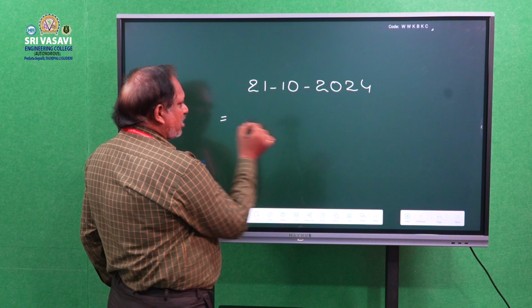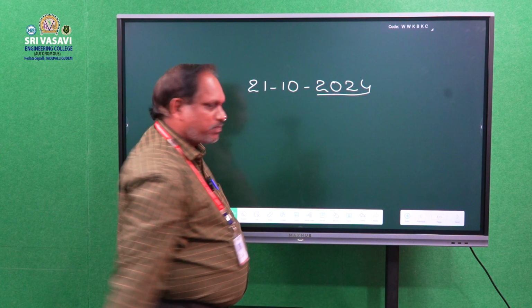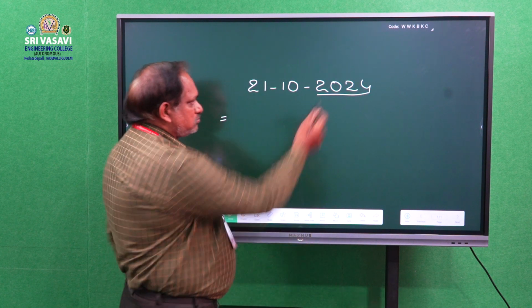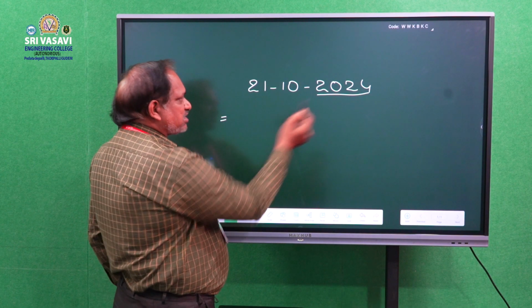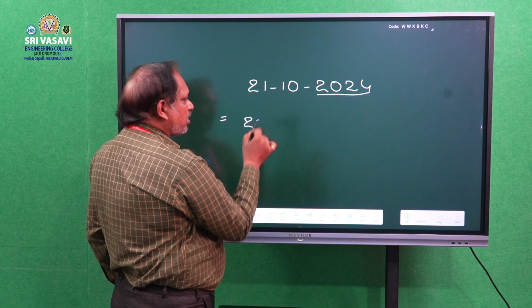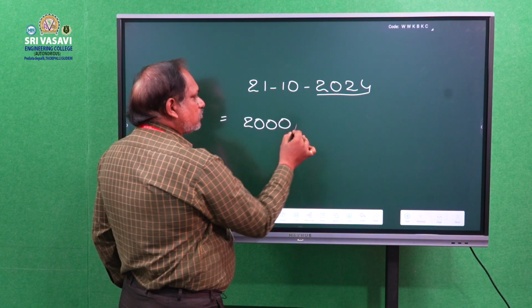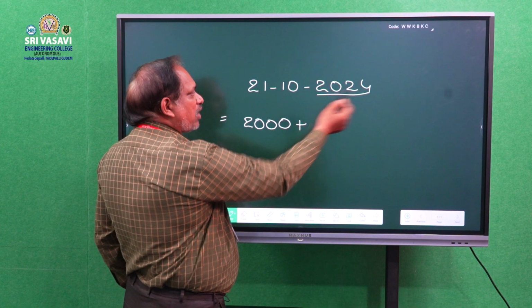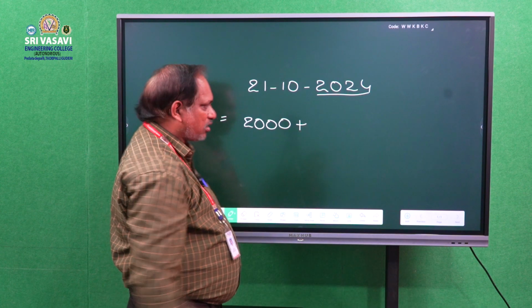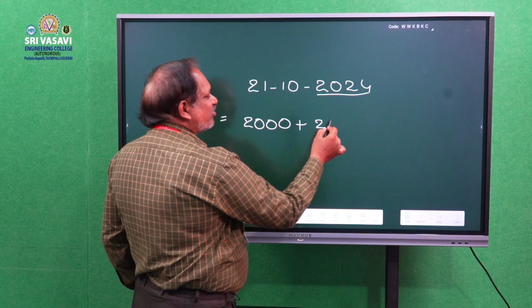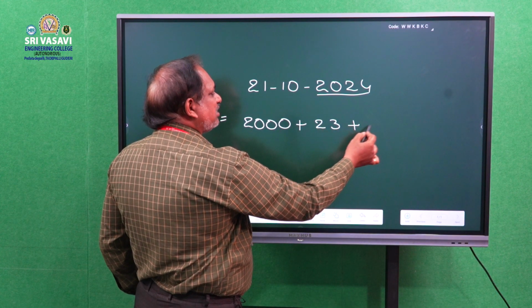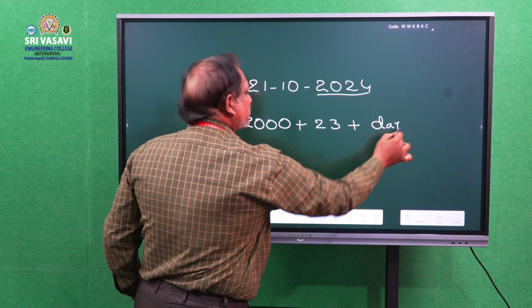So based on our practice, the first step is separation or filtration. 2024: the multiple of 400 means 2000. There are no other centuries, 0 centuries here. So we need not consider centuries. Remaining years, 23 years, and remaining days. So this is the first step.